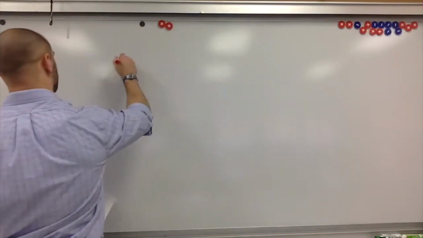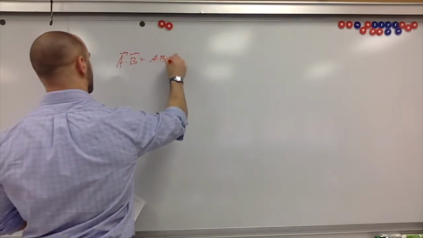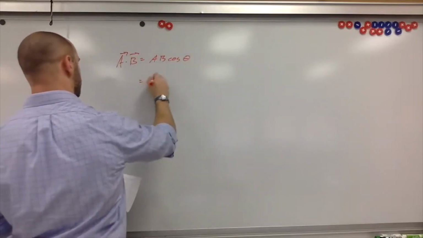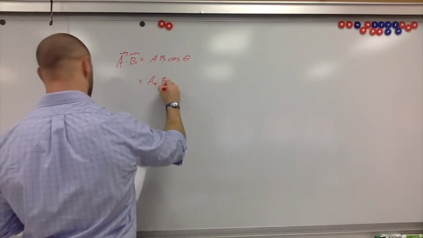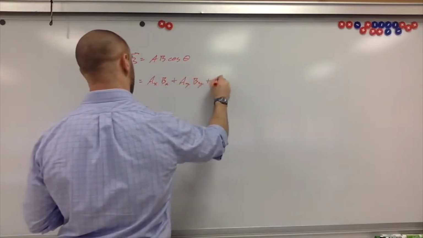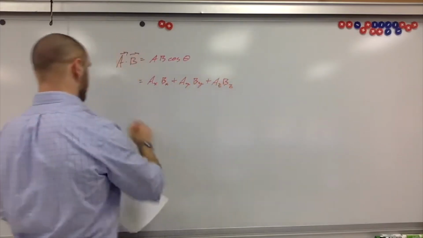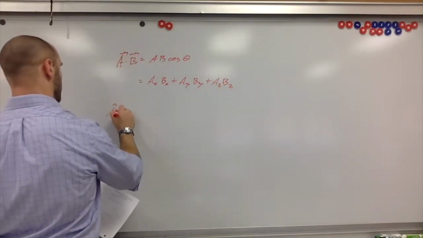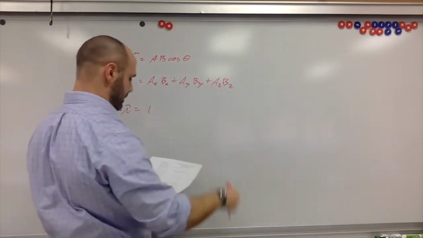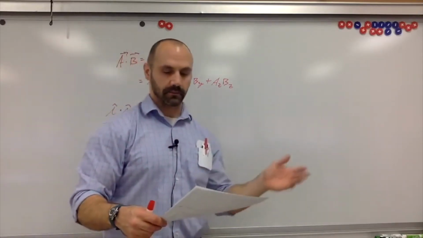A dot B is AB cosine of theta, or it's also equal to Ax times Bx plus Ay times By plus Az times Bz. I dot I is 1, and that's true for the other ones: J dot J is 1, K dot K is 1, and all the other ones, I dot J, J dot K, K dot I, are all 0.